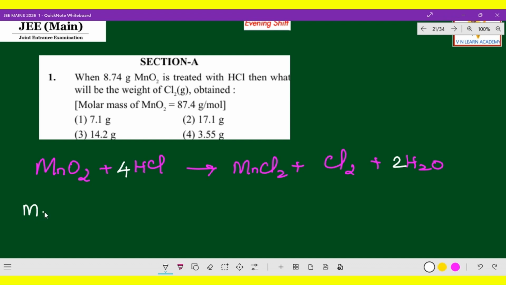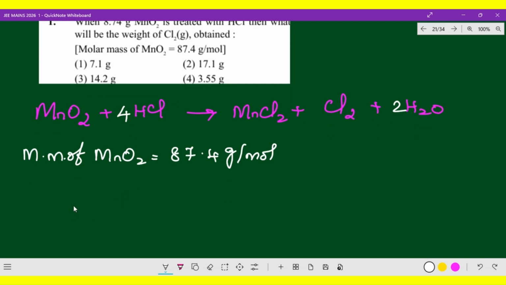Yes, we balanced that equation. Now, molar mass of MnO2. The molecular mass of MnO2, how much is it? 87.4 gram per mole. Okay, now here when 8.74 gram of MnO2, so given mass by molecular mass. First and foremost, let us find out the number of moles of MnO2.